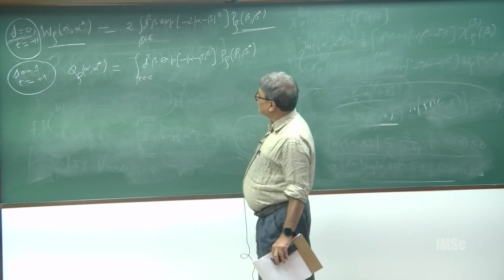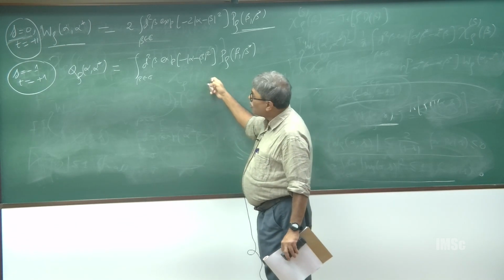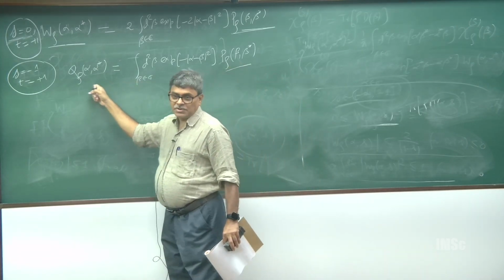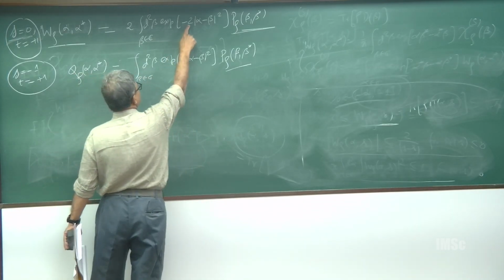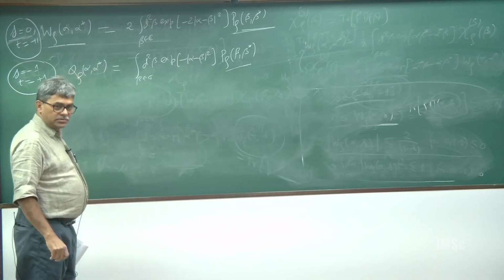So, this is again Gaussian smoothing of the p distribution to get the q distribution, but look at here, there is some factor, here it is 2, here it is 1.